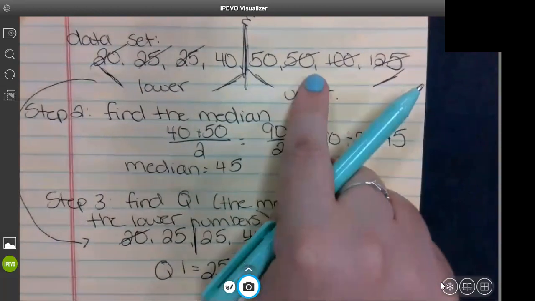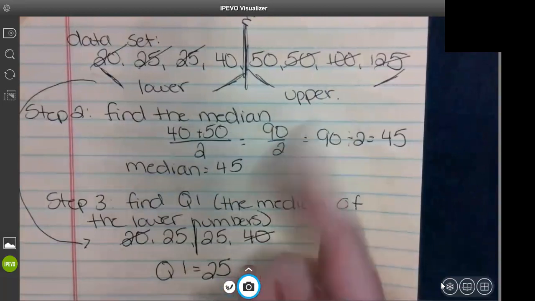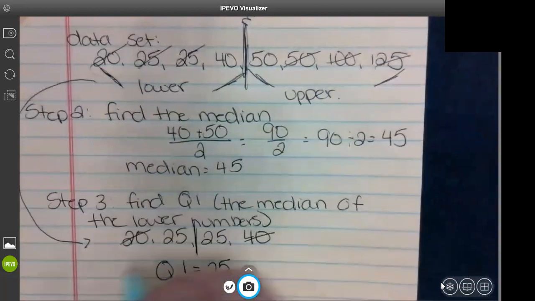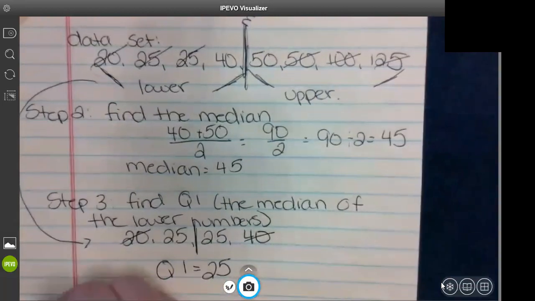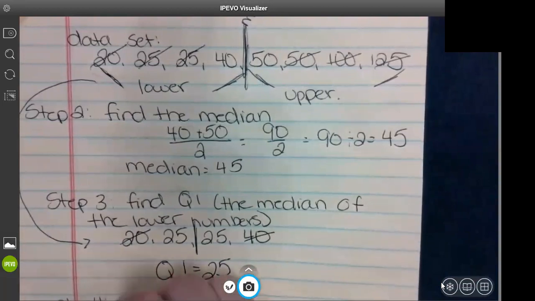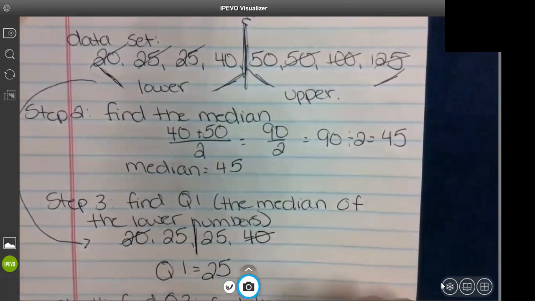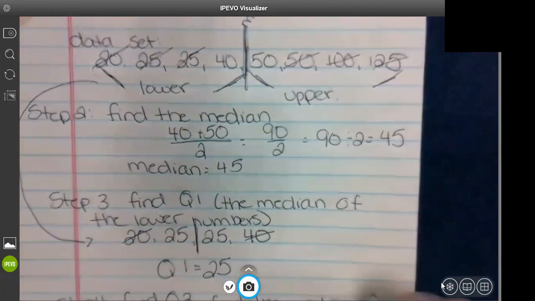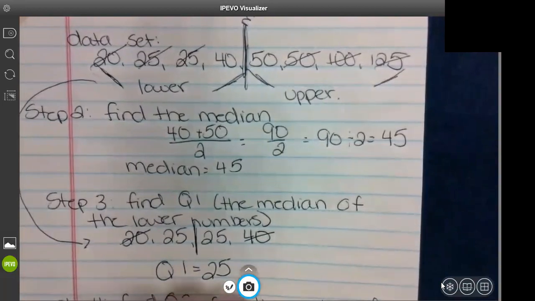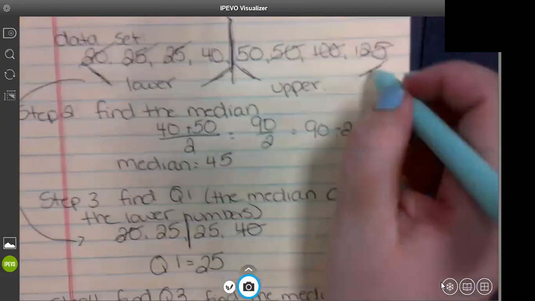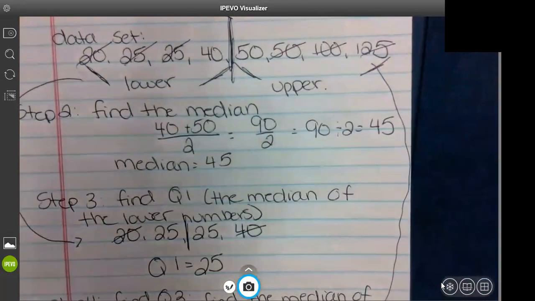We need to do the same thing. So for step 4, it's gonna be to find Q3 or the median of the upper numbers. So I'm gonna bring those numbers down here.